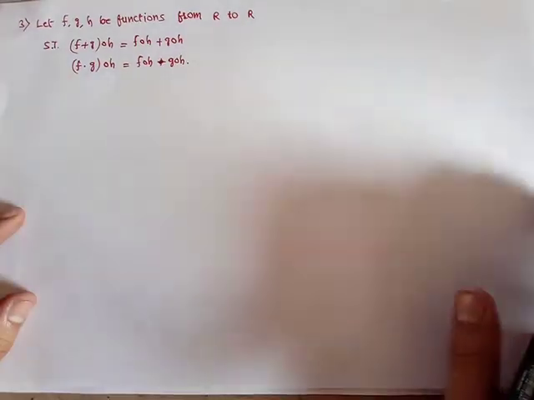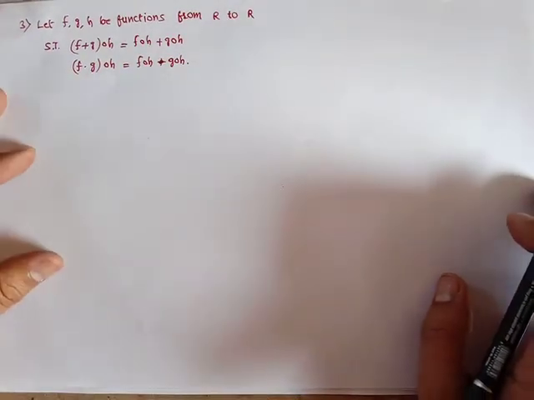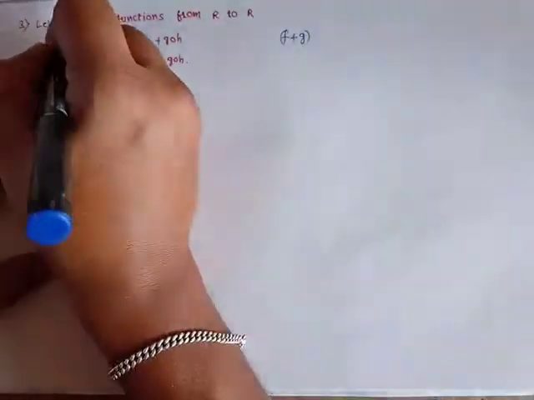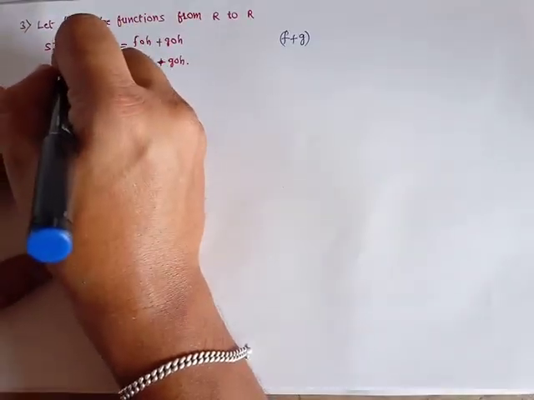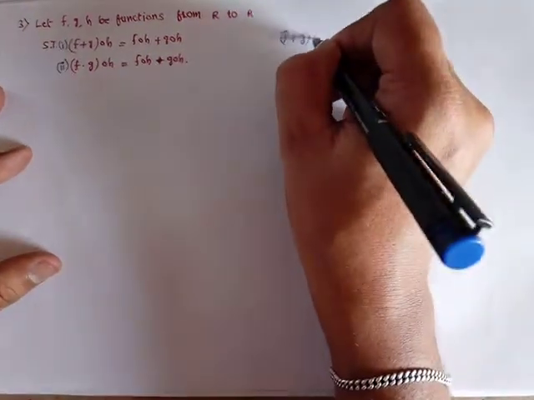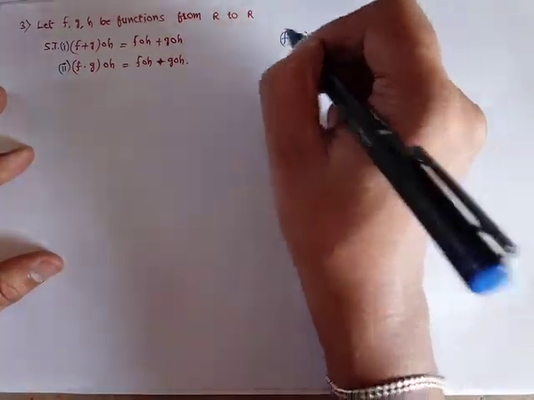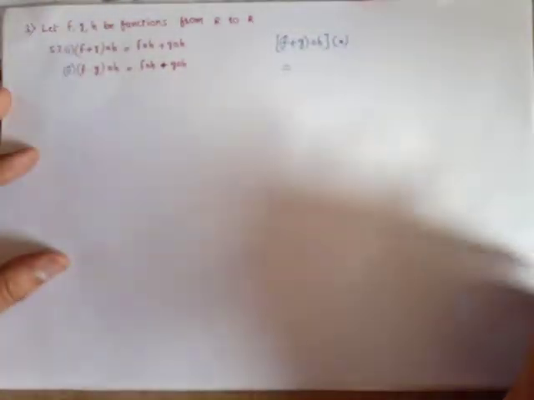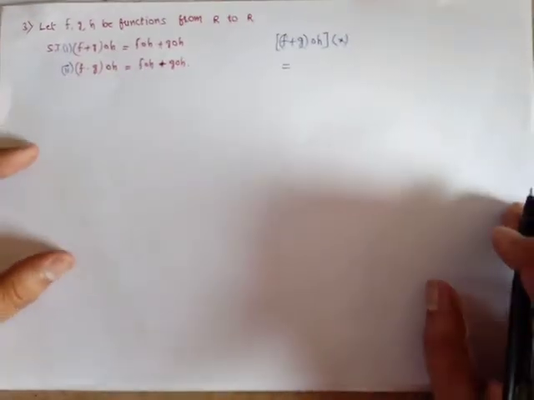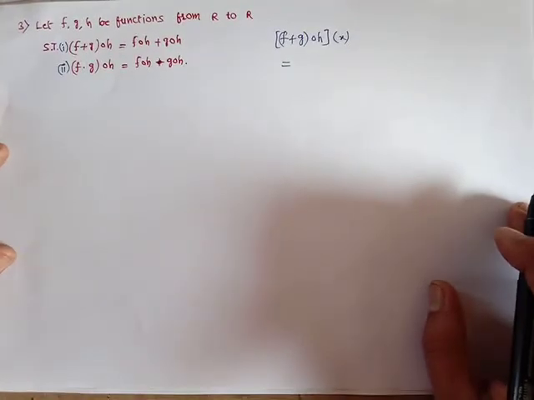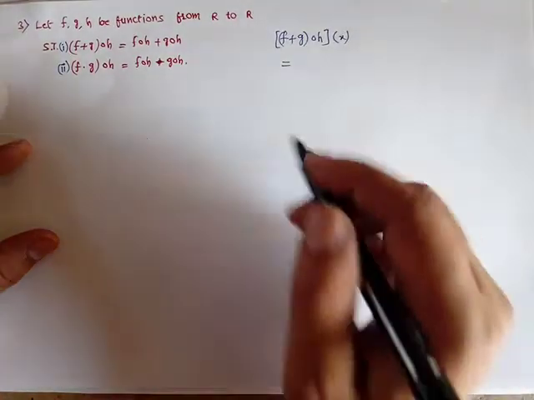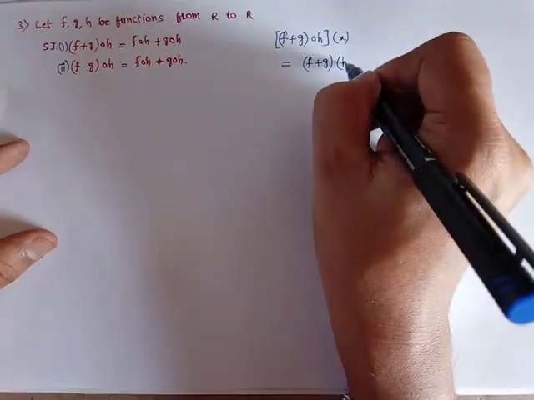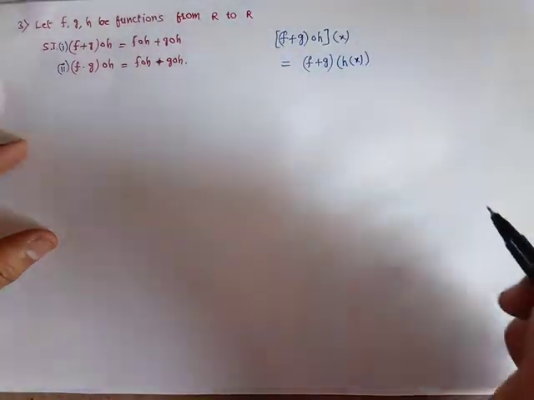And coming to proving of them, consider the first one, (f plus g) circle h of x is equal to, then whenever circle is given, circle can be written as of, so it is (f plus g) of h of x.